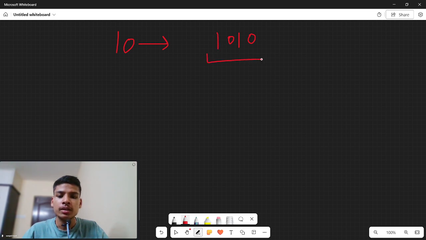This is the binary representation of 10. How many ones are there? There are a total of 2 ones, which means we require 2 powers of 2 to make 10 equal to 0. One is 8 and another is 2. So this is how we solve the problem if k is equal to 2.